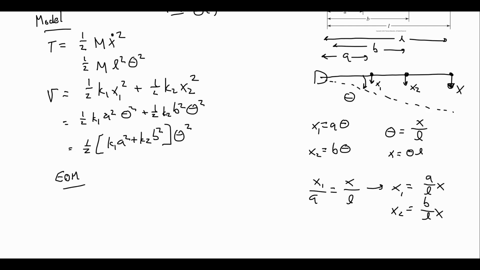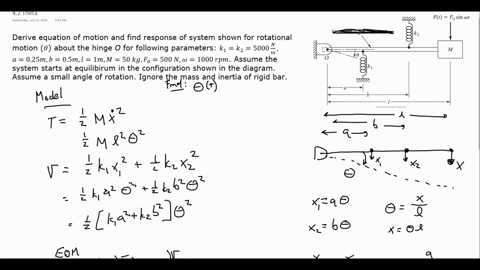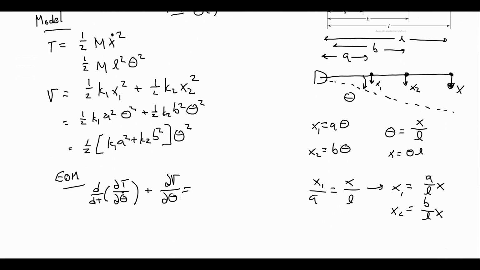So I can still use the Lagrange equation. So d/dt of del T del theta dot, since theta is now the degree of freedom I'm going to be working with, plus del V del theta equals, and now my right-hand side. This is where I'm going to start with the same, F naught sine omega t. But remember, like I did before, this is acting on the x degree of freedom, not theta.